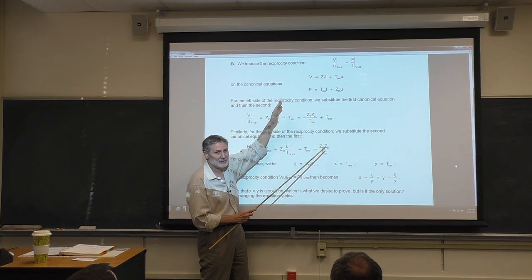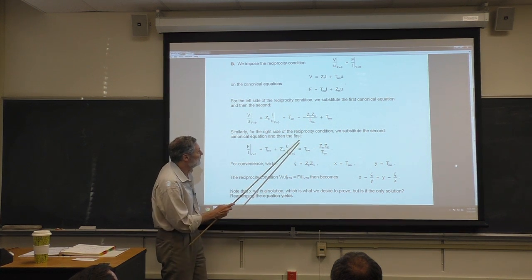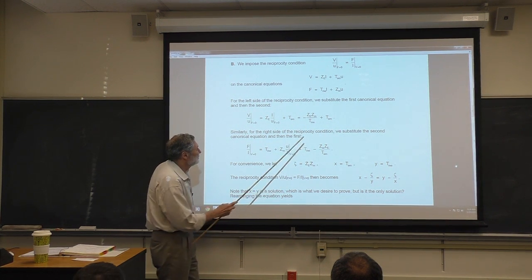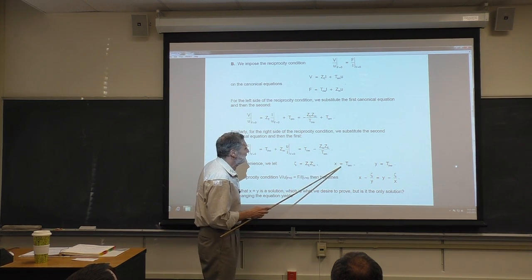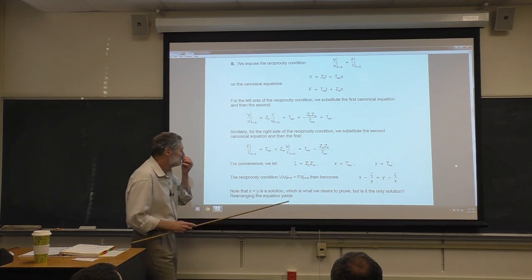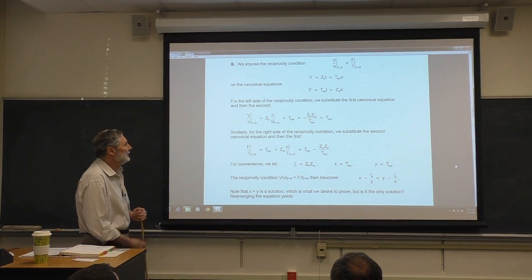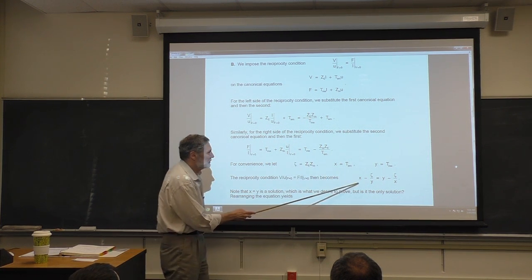It doesn't depend individually on ZM and ZE. So let's call that something. I'm going to call it zeta, the product of ZE and ZM. And also, I don't want to carry around subscripts here, so I'm going to let X be TEM and Y be TME. Okay, so when I set these 2 things equal and do this ease of notation here, here's what we get.